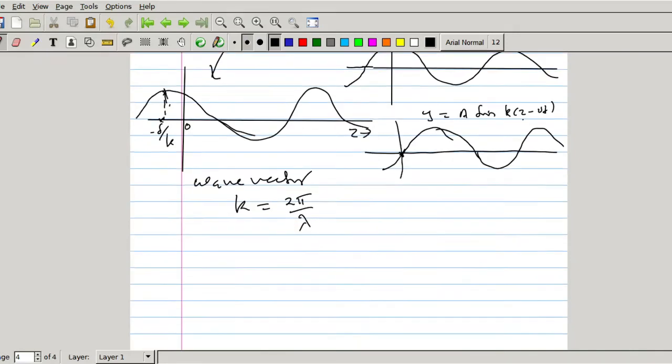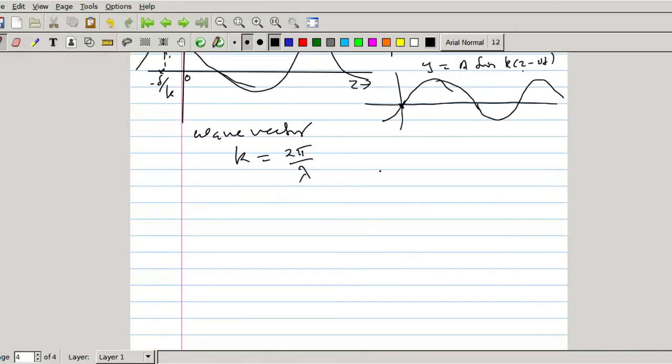The angular frequency omega is given by 2 pi nu, where nu is the frequency, and the period T equals 2 pi by omega or 1 by nu. So T is the period, omega is the angular frequency, nu is the frequency, and lambda is the wavelength.